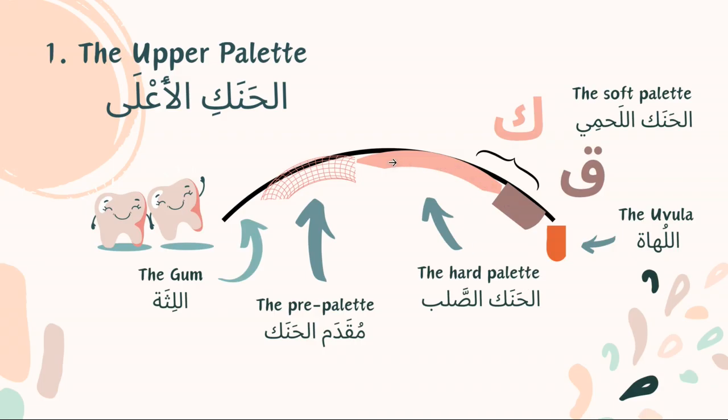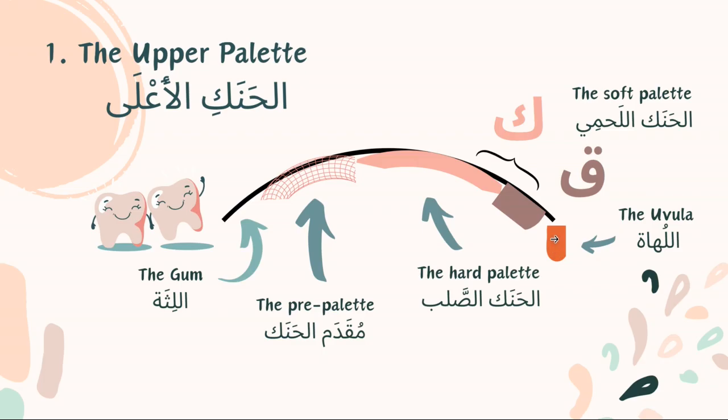This is the hard palate, okay. This is the palate, all the palate here, and then comes the soft palate. If you try to touch the inner part of the palate, deep inside, you will find al-luha and the uvula, dangling in the mouth.